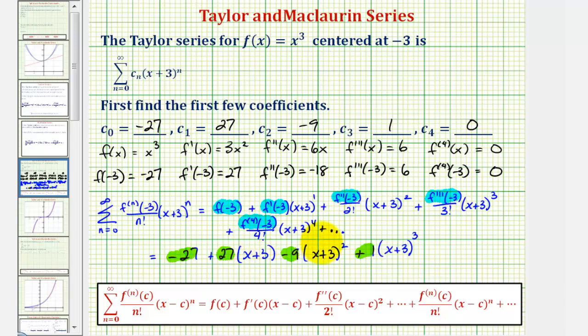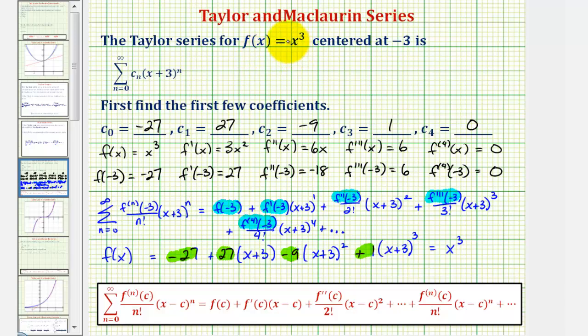And because each term in the remaining series would be 0, these terms of the Taylor series are exactly equal to the original function f of x. So if we multiplied this out and simplified it, it would simplify perfectly to just x cubed. Of course, this is a special case because the original function f of x is a basic polynomial function.